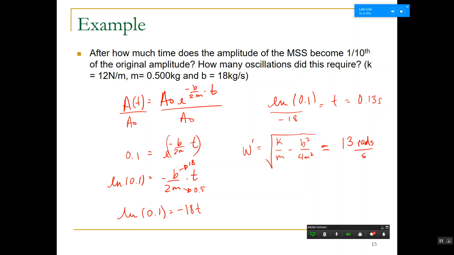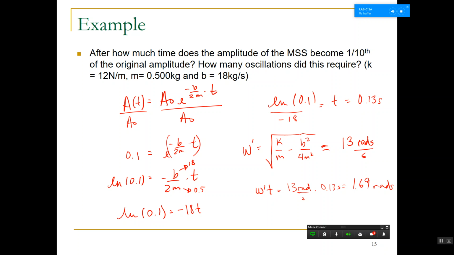So I can multiply them, right? My angular frequency multiplied by my time is going to be 13 rad per second multiplied by 0.13 seconds. That'll give me some number. Could you guys calculate that for me? 1.69 units? Radians, exactly.